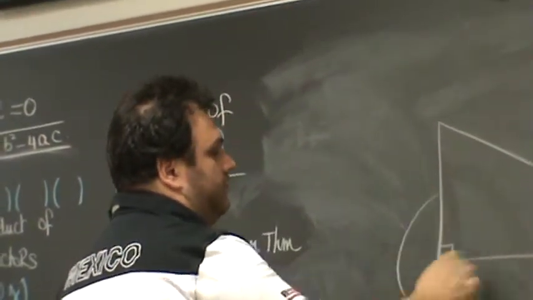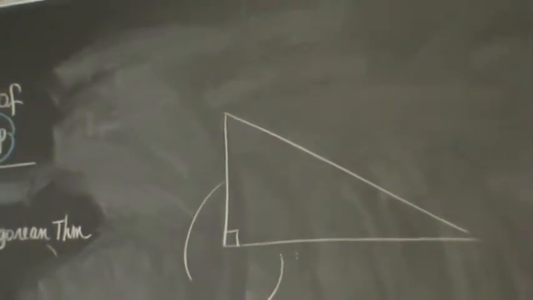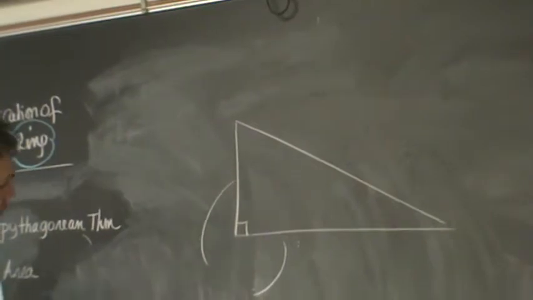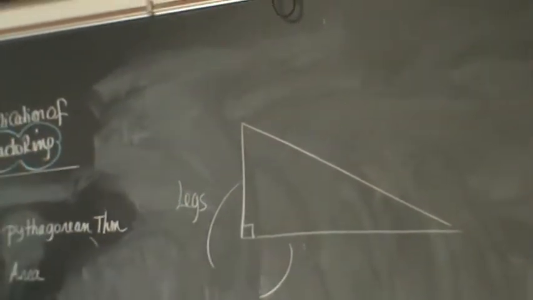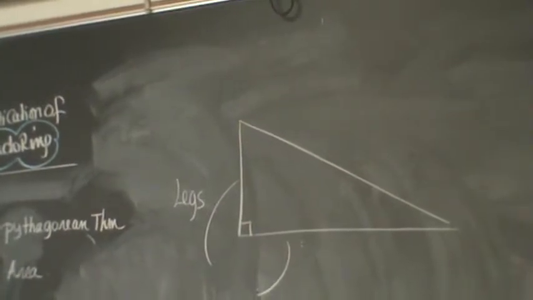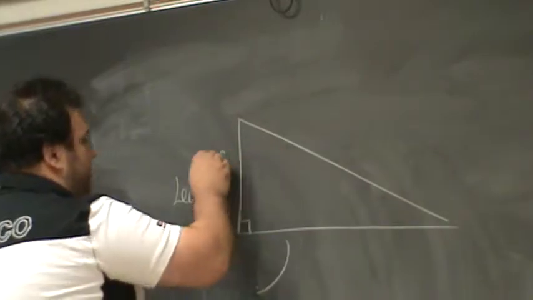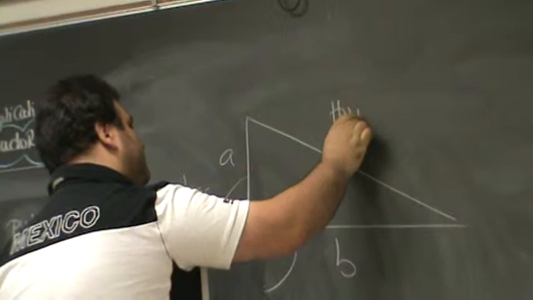First of all, the sides that are tangent to the 90-degree, what do we call them? Those are the what? The legs. And what about the longest side? What do we call it? The hypotenuse, right? Let's say A, B, and then what? C. This is the what?